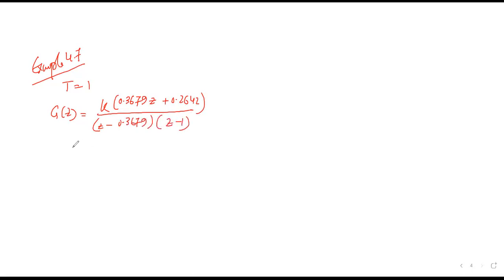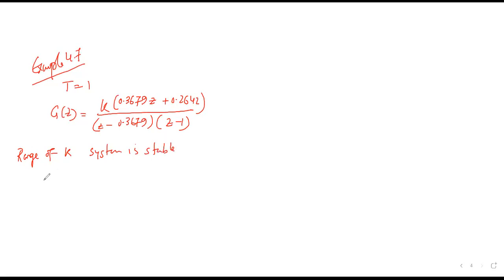So this is given, and we are supposed to figure out the range of K for which the system is stable. So this is a design problem, an interesting one.